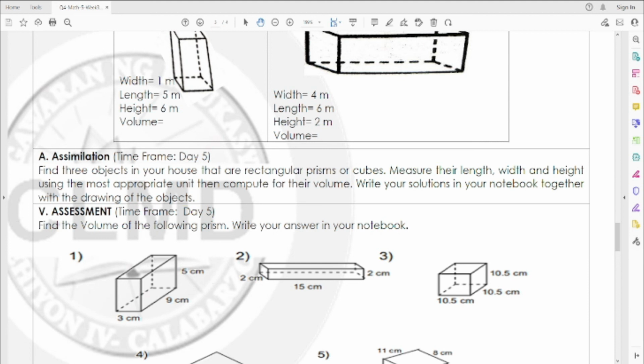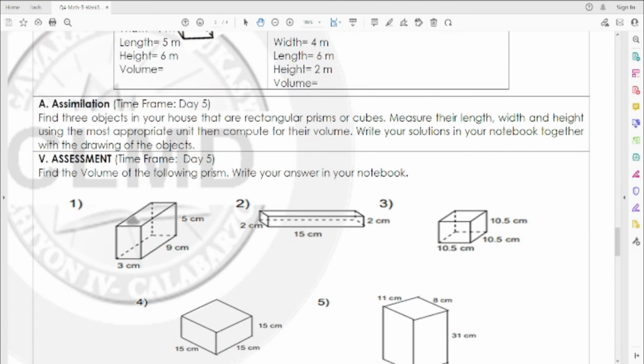Write your answer in your notebook together with your drawing of the object. For example, a chopping board. You will measure the length, the width, and the height, and you may put the computation. 3 objects only. And for your assessment, find the volume of the following prism.